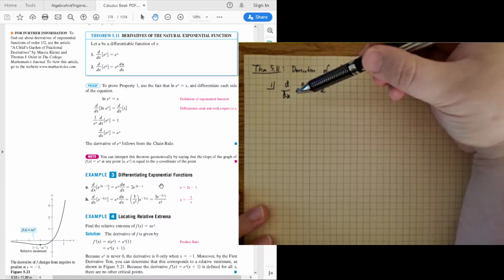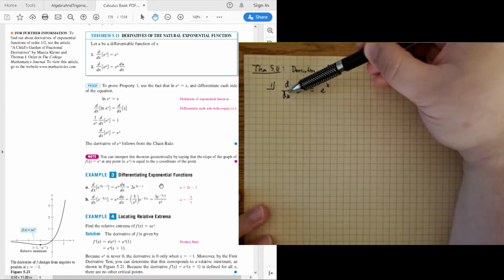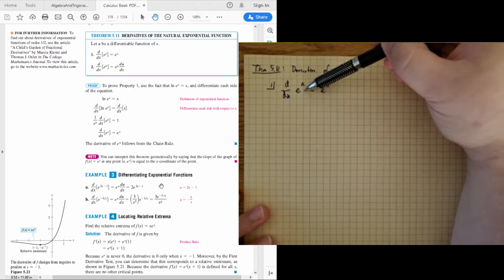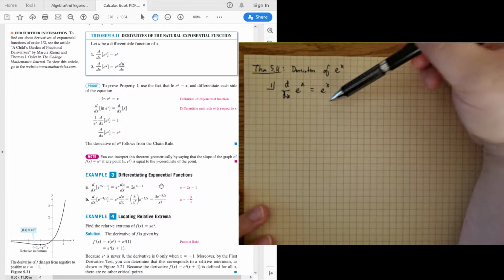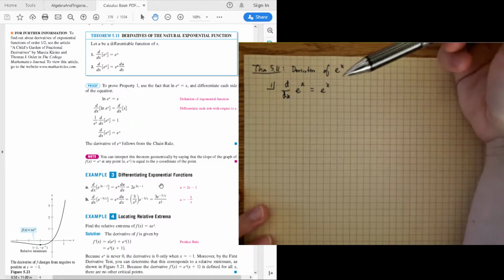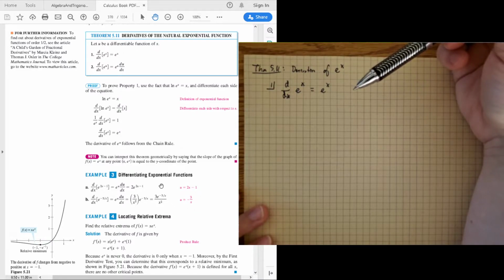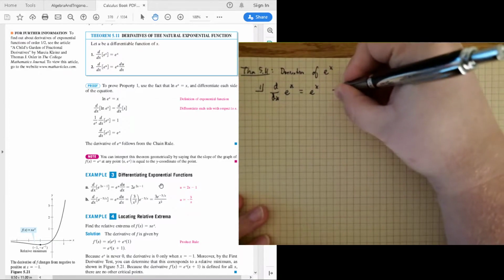Meaning a couple things, and this is where we have to really remember our terminology. The derivative means to find the slope generating function, meaning the slope generating function of the exponential function is itself. The slope of the function is the same as the function itself, which is very unique. There's no other functions that do this.